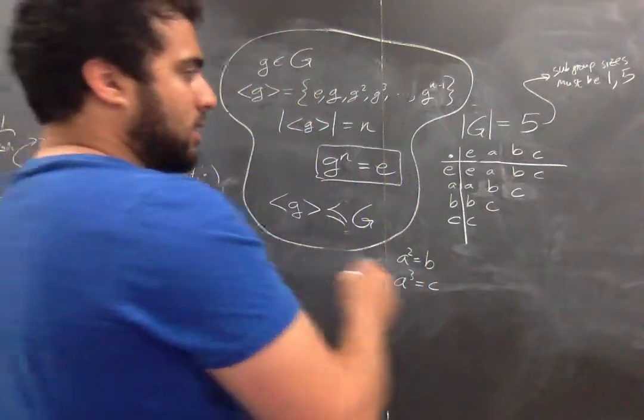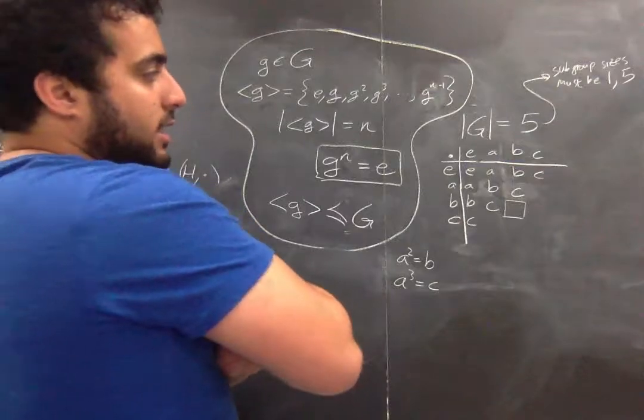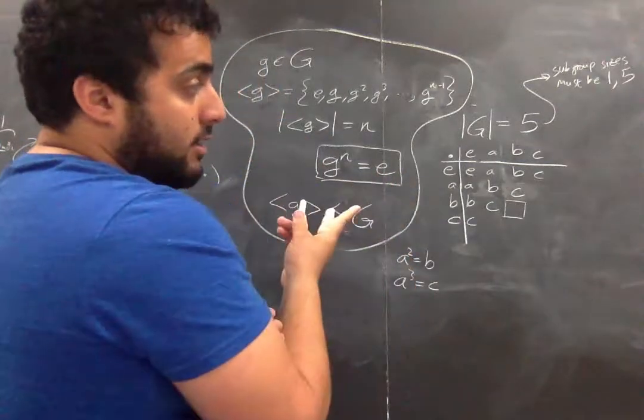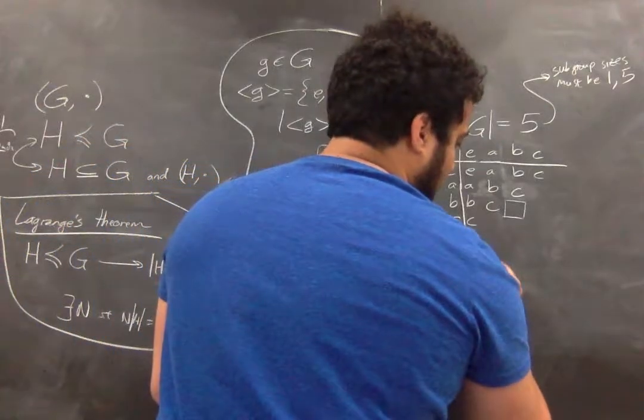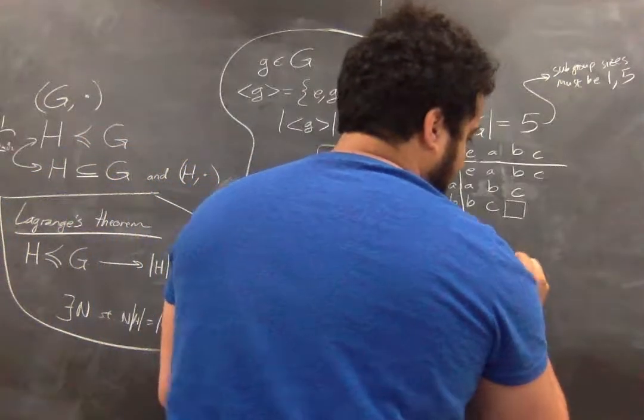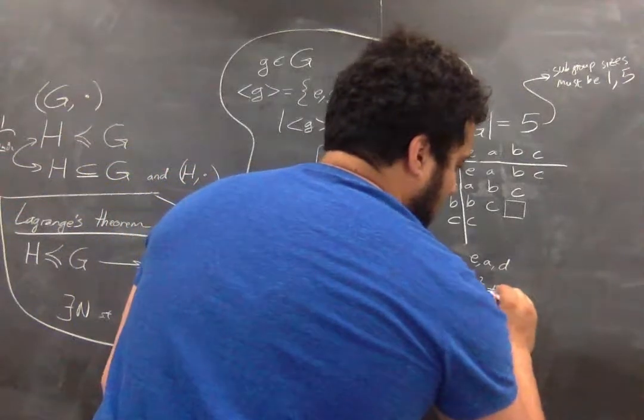Now, let's look at this guy. What is this? Well, it's not B and it's not C. It could be A, it could be E, and it could be D. Well, could it really? So we have 3 possibilities, E, A, D, according to the Sudoku principle, but first of all, B squared can't be E. Why?